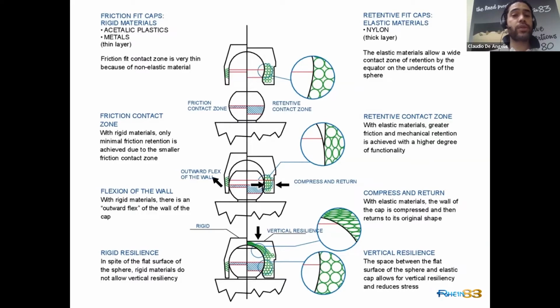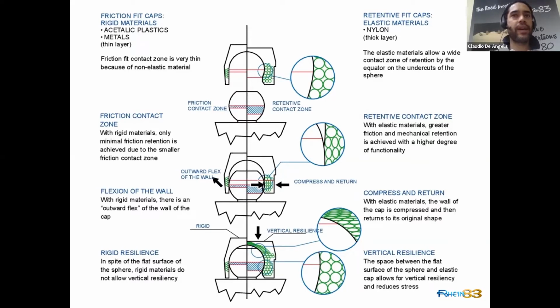This said, you also have a softer cap, which will be less aggressive over the sphere, and the result will be that you protect what is vital in this system, I mean the sphere. The sphere, I remind you, is cemented or screwed into the mouth.